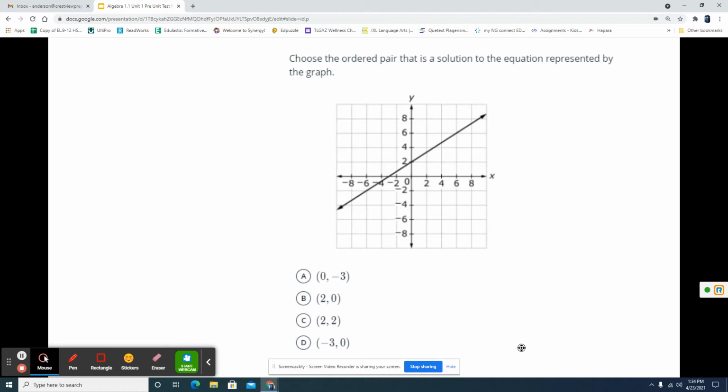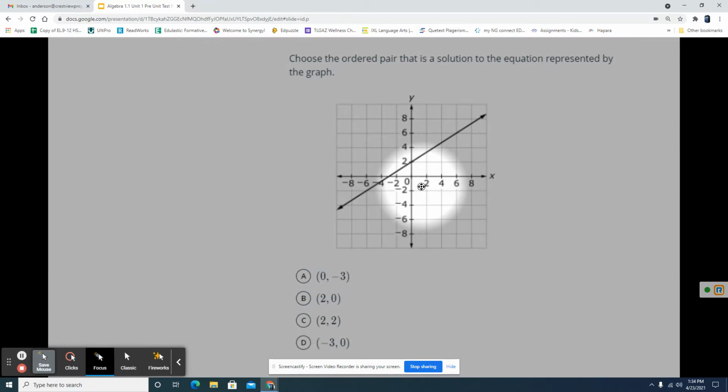Choose the ordered pair that is a solution to the equation represented by the graph. You've got ordered pairs, you've got a graph. You're just seeing which one of these ordered pairs actually fits onto the graph. Well, here is our 0, -3 point.